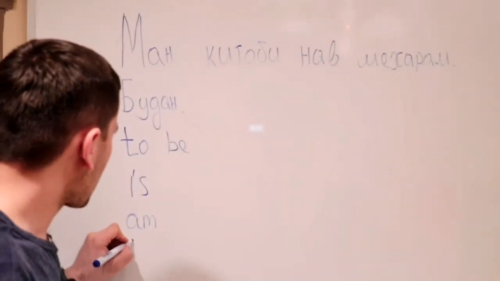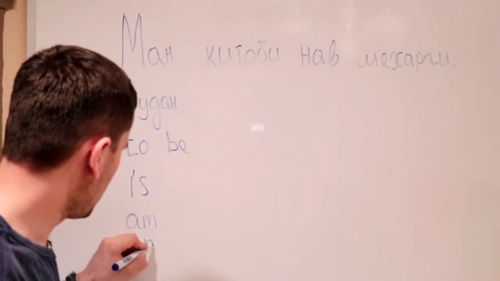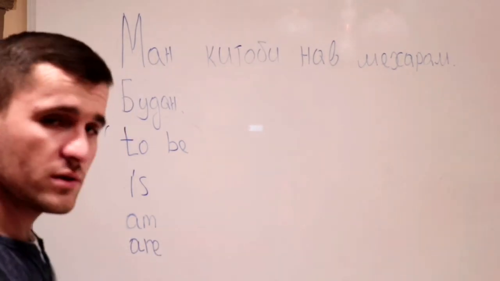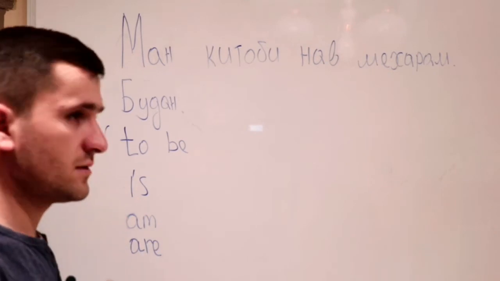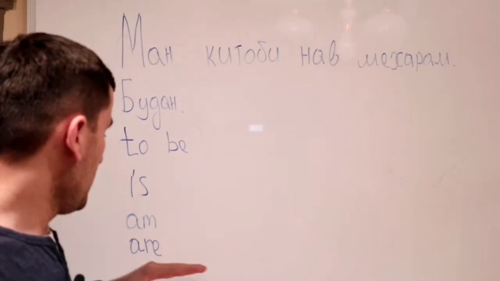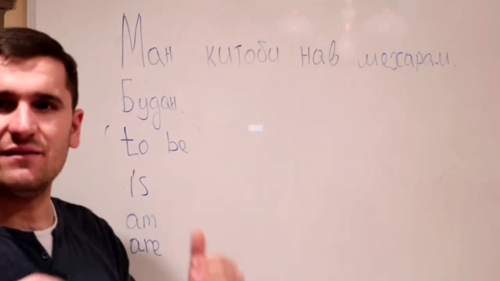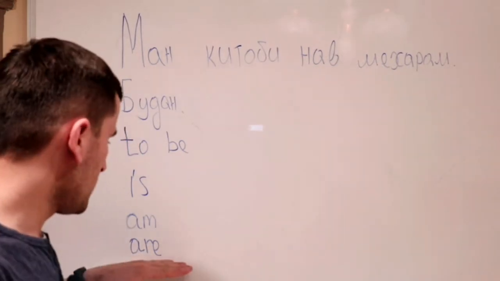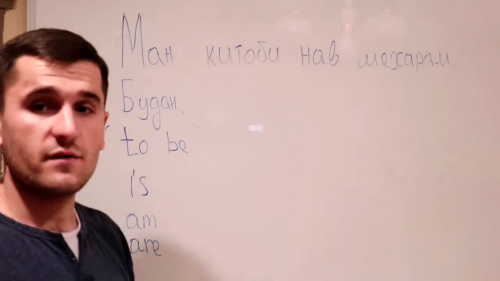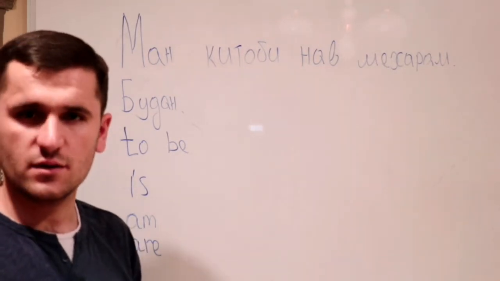Another is are. The only difference between are and is is that when there are several objects or subjects, we use are. For example, they are students.